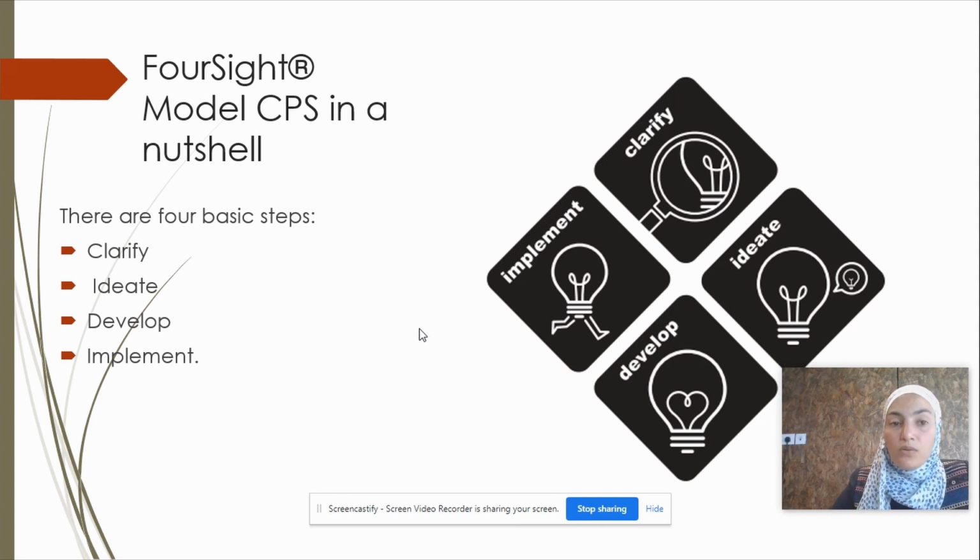Actually, I will share with you this FourSight model having 4 basic steps: clarify, ideate, develop, then implement. Here we encourage our students to pass through these 4 steps to solve their problems in a creative way. And in each step, you will use diverge and converge thinking tools.